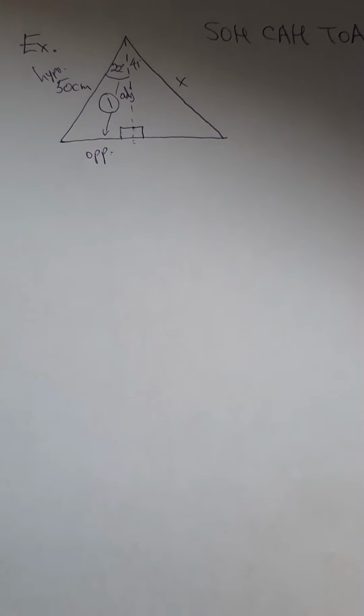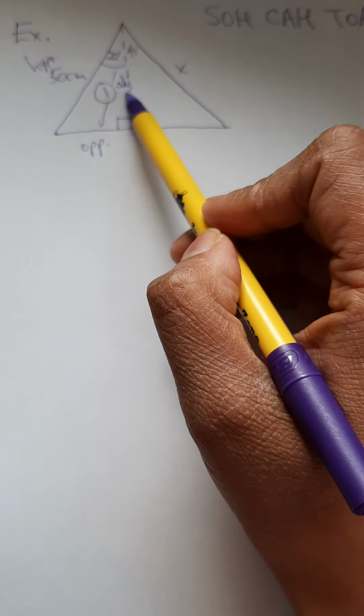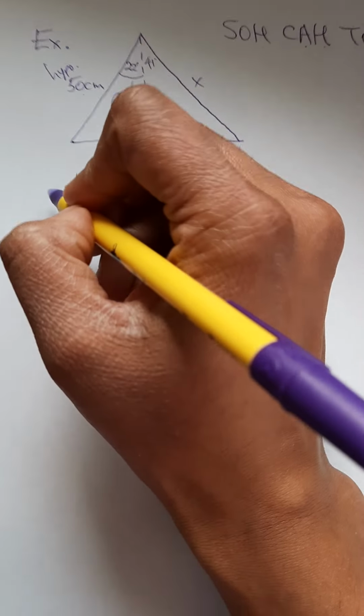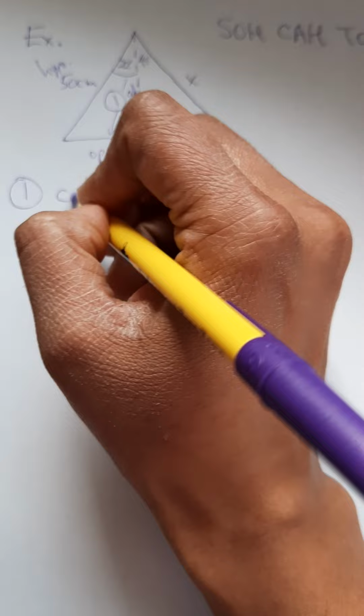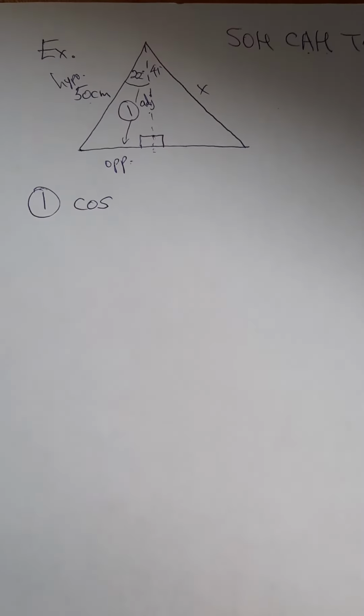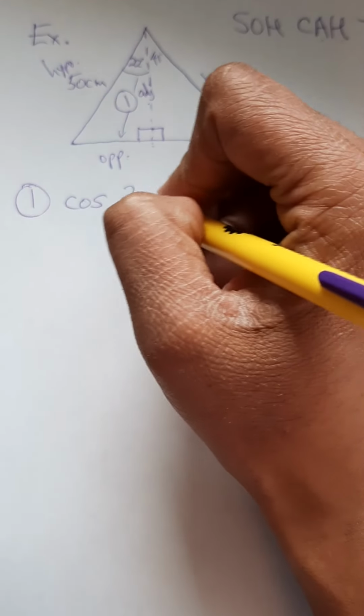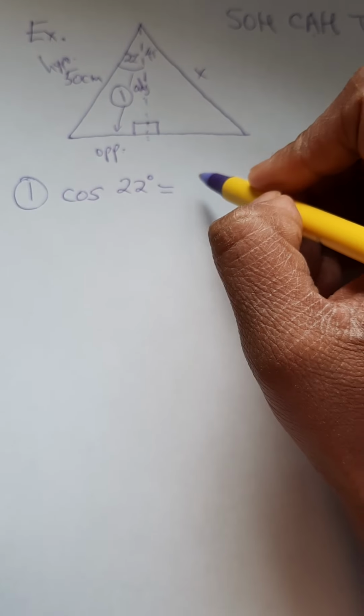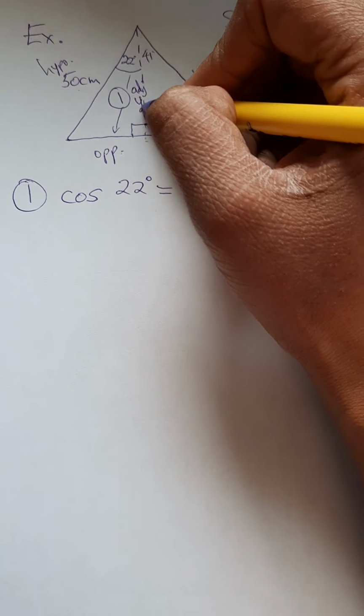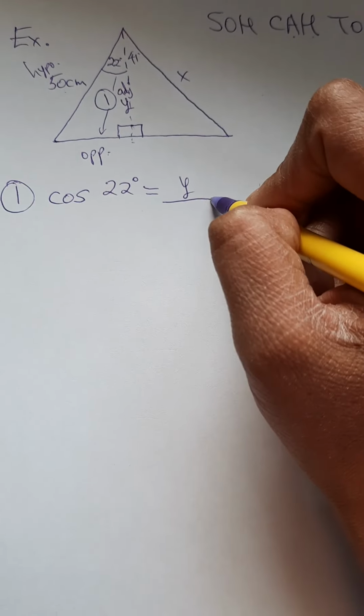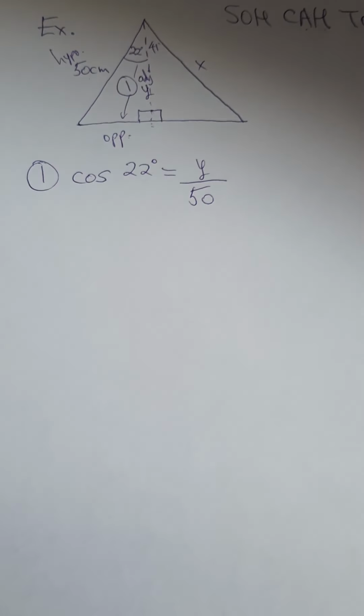So what we're going to use now is the adjacent side and the hypotenuse. So let's use the cos ratio here. I'll write 1. So we're doing cos of 22 degrees equals the adjacent side. Let's make this y over 50 centimeters.